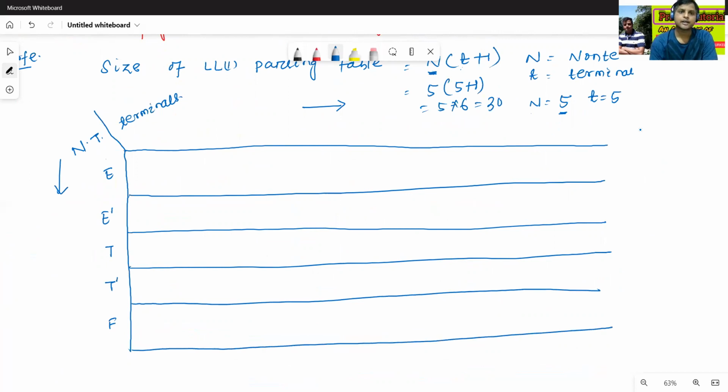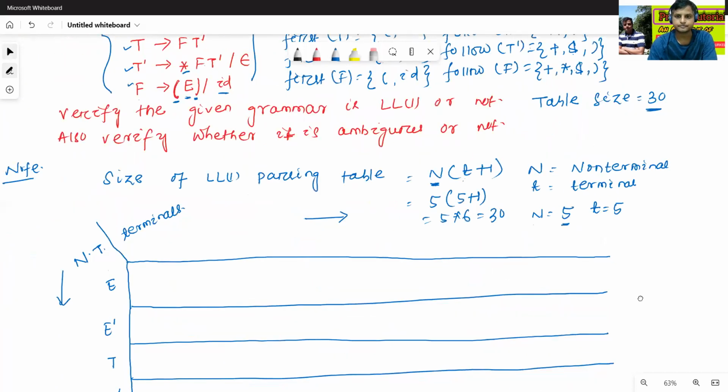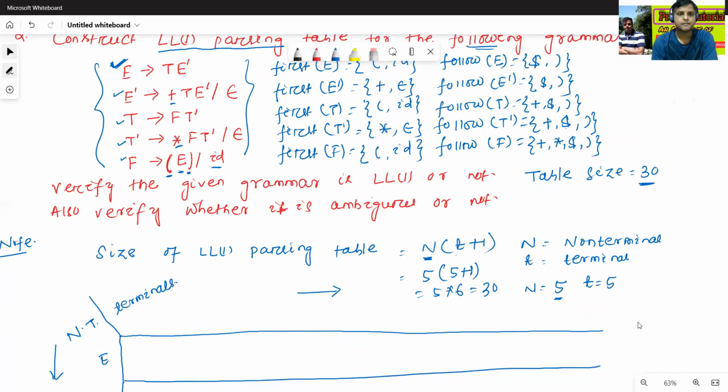The upper part is called terminals. So how many terminals are here? First one is plus. You can write in any order, it's not a problem.